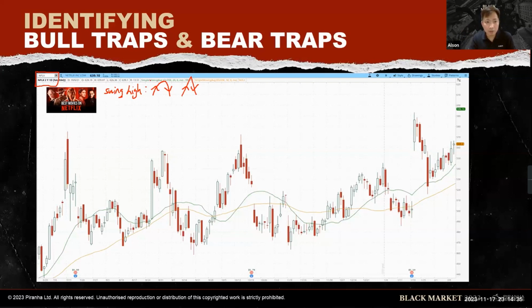So as you can see over here, take this as a straight horizontal line. You draw it as your swing high. Okay? So what do I mean by a bull trap? A bull trap is bearish. Once you have this swing high, you draw a line across the distinct swing high that you saw.